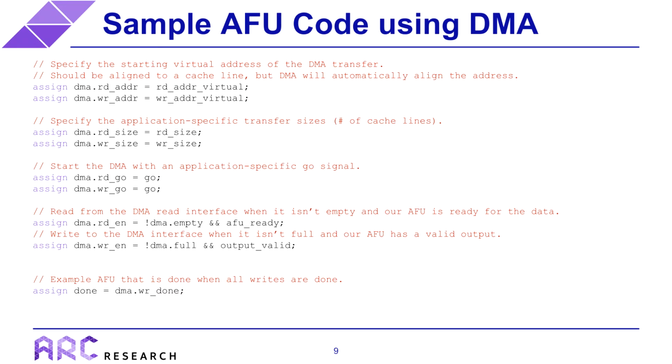So on this slide, we can now look at a simple AFU example that uses this DMA interface. This is somewhat abstract because normally the functionality would be application specific, but it's enough to give you an idea of how you would adapt this to your application. So first, you can see at the top of the slide, we are taking some virtual read address that we want to start reading from, and we are assigning that to the DMA's read address input.